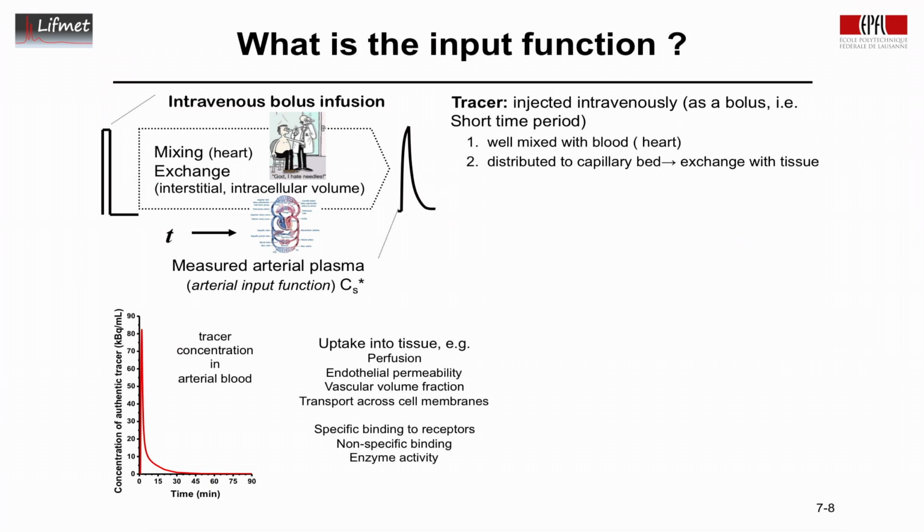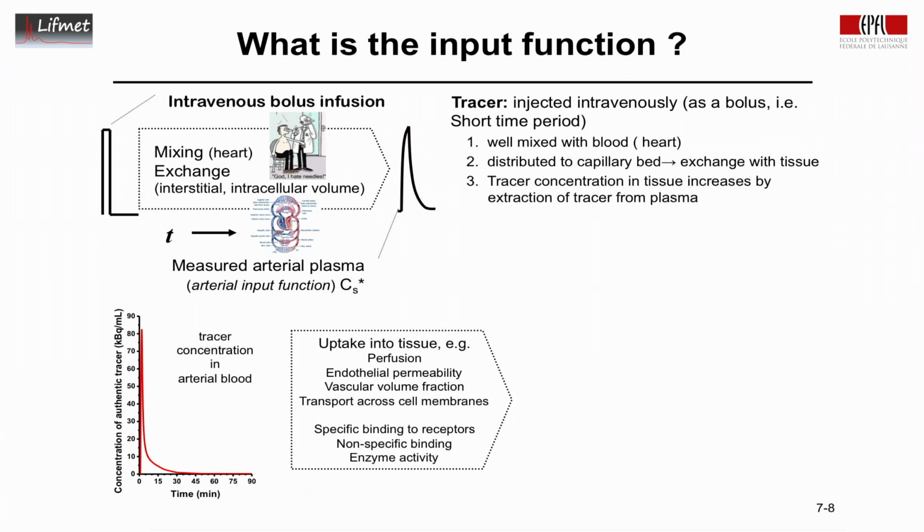So these are all factors that influence the ultimate uptake of the tracer in the tissue. As we have given our bolus here, we're getting a sudden increase in tracer. We're also getting a concentration increase of tracer in the tissue due to extraction from the blood.